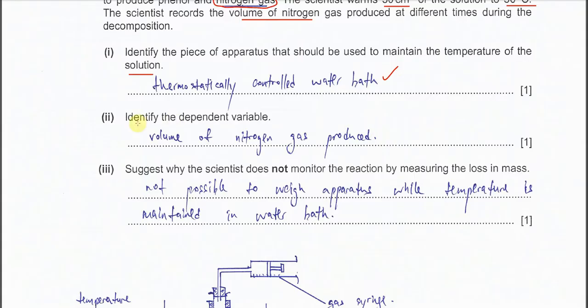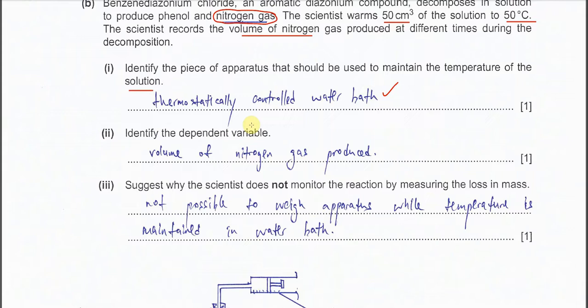Part 2: identify the dependent variable. It depends on the temperature we use. Of course, higher temperature produces more gas, or a larger volume at different times. Therefore the dependent variable will be the volume of nitrogen gas produced.